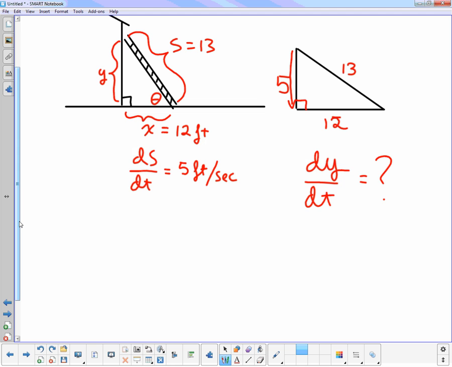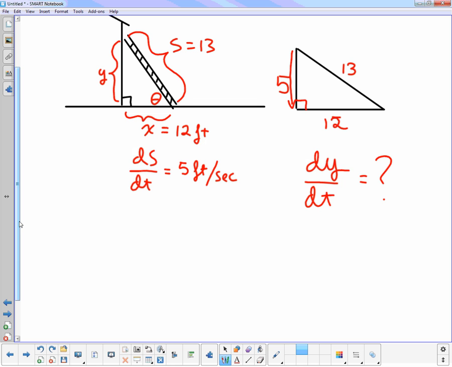Should I be using trig? Oh, Pythagorean theorem. Because they're not asking me about my angle. Maybe B or C talks about the angle, but not right now. Yes, part C deals with an angle.